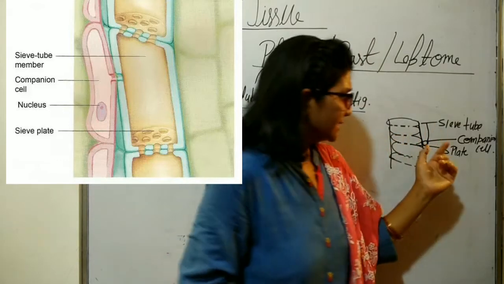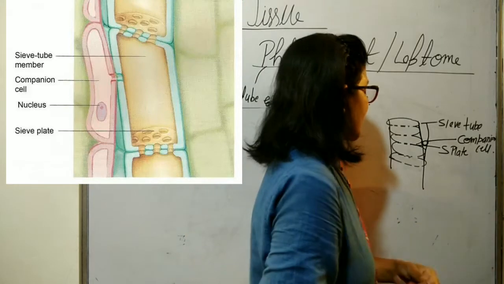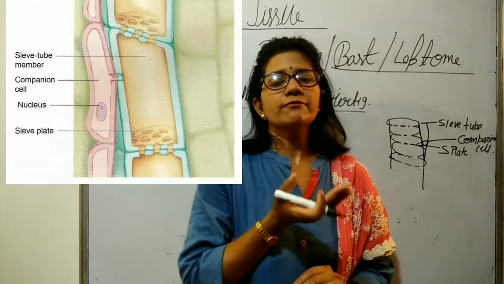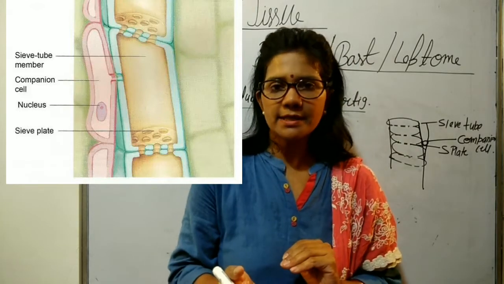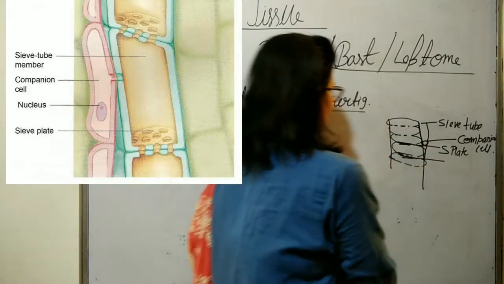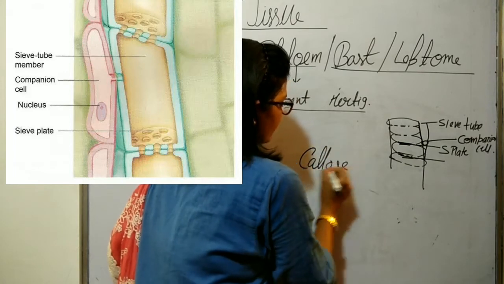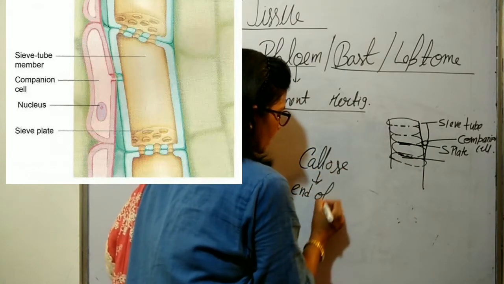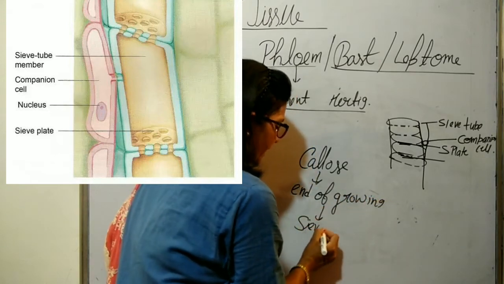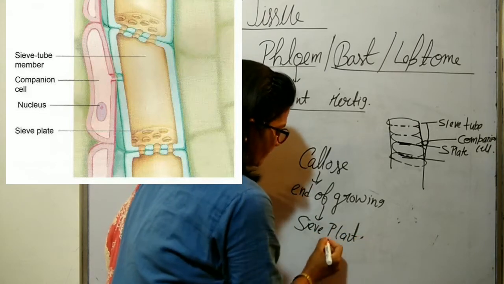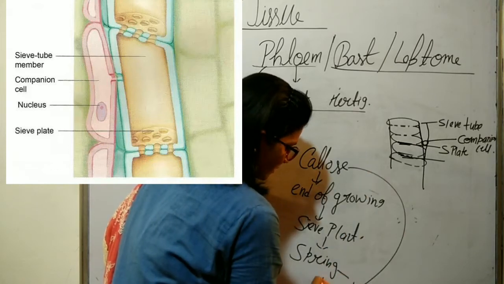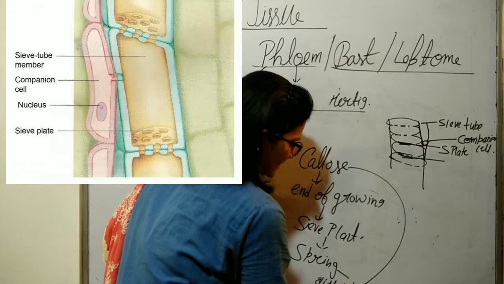Now, the sieve plates help in the conduction of organic foods, but at the end of the growing season there is deposition of carbohydrate, known as callus, on the sieve plate. When the spring season comes, this callus dissolves, and again it functions.